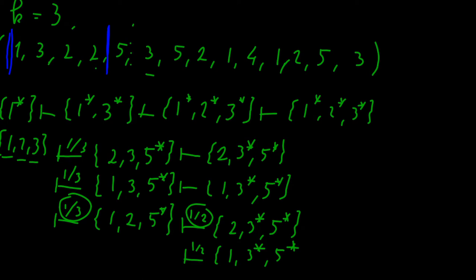Now, if I'm just processing the 5, it's free for each possible running, so I'm just writing this down, so it's again 2, 3 marked and 5 marked, and then I'll have 1, 3 marked and 5 marked.